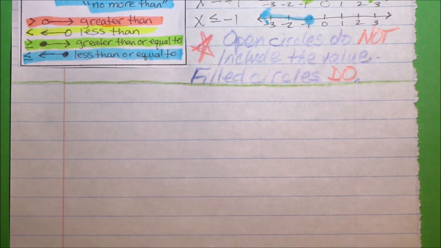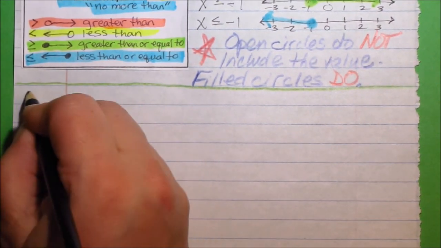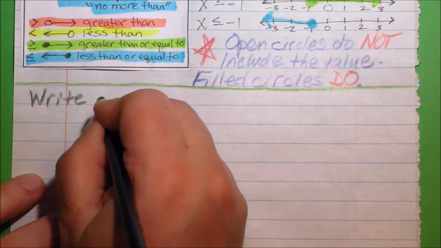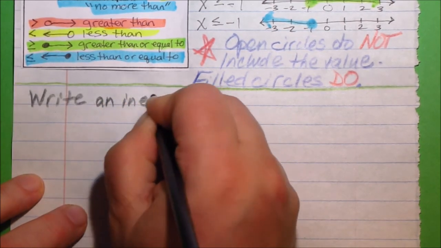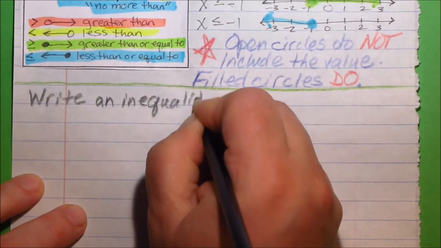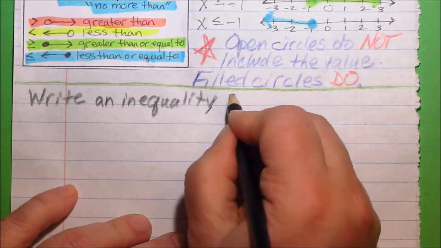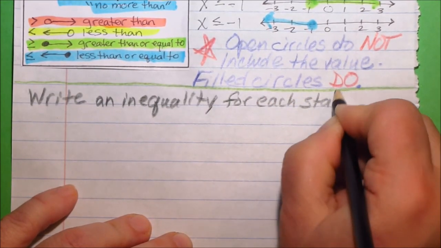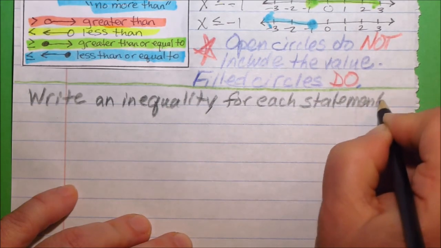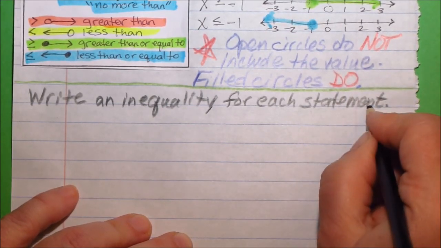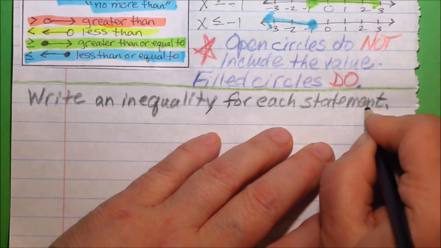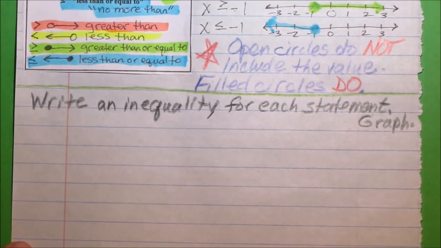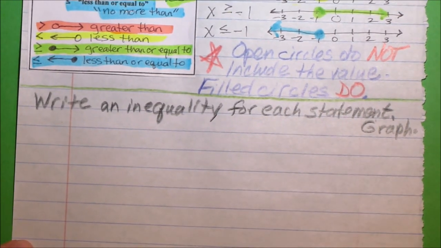For each one of these, we are going to write an inequality for each statement and graph them. Kind of ran out of room. Okay, so the first one.